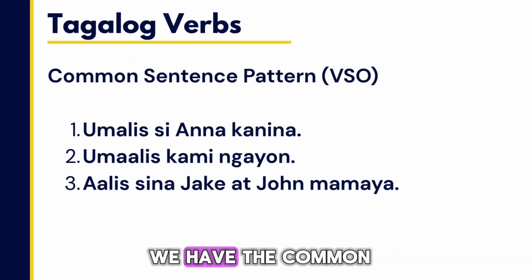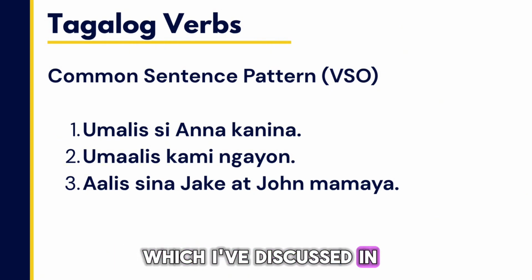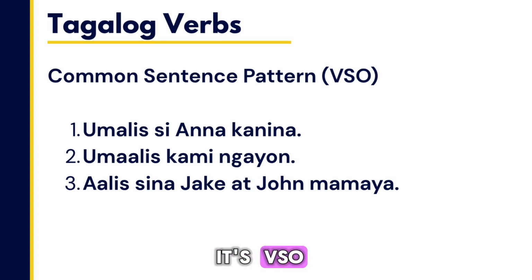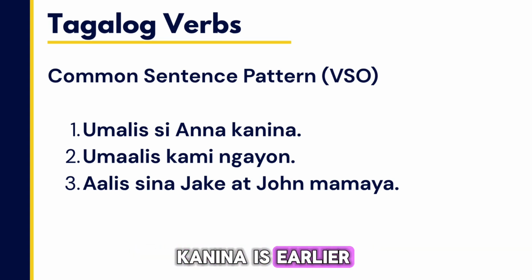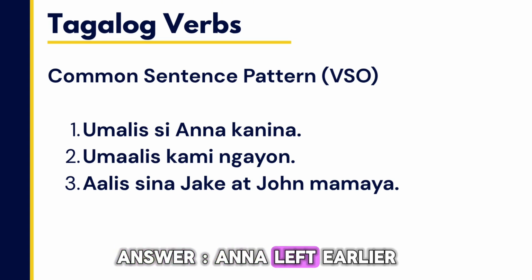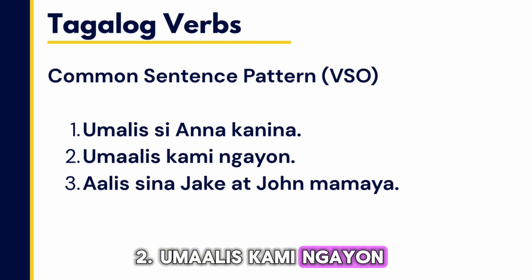Moving on, we have the common sentence pattern in Tagalog, which I've discussed in the first video. It's VSO. Umalis, so this is past, right? Umalis si Ana kanina. Kanina is earlier. Ana left earlier. Next, umaalis kami ngayon.